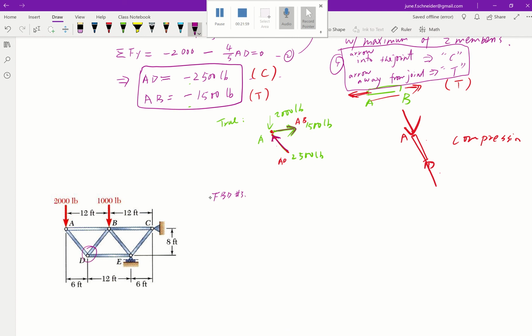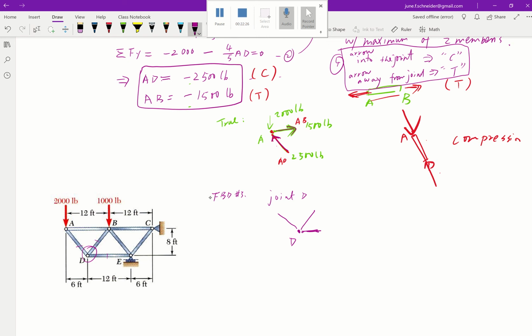And we're going to cut joint D. If you cut joint D, you cut three members, right? You have three unknowns, but like I said, we know AD already. So that's our D. This is our BD. This is our DE, and that's our AD. So go ahead and copy down its orientation. There.